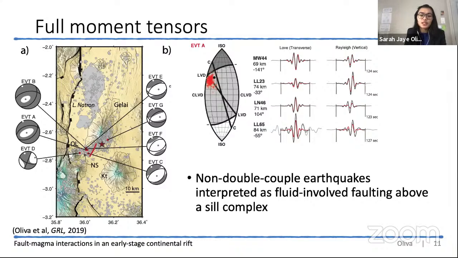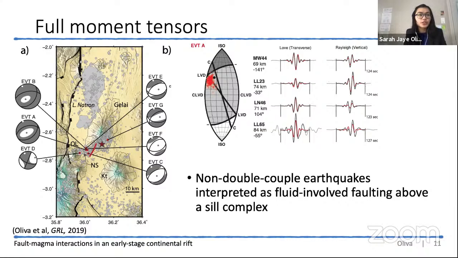And most especially the two large earthquakes of interest, event A and event B, which are very similar, and they also happened on the same day within a few hours of each other. But there were only a few earthquakes of large enough magnitude as recorded by this local array.